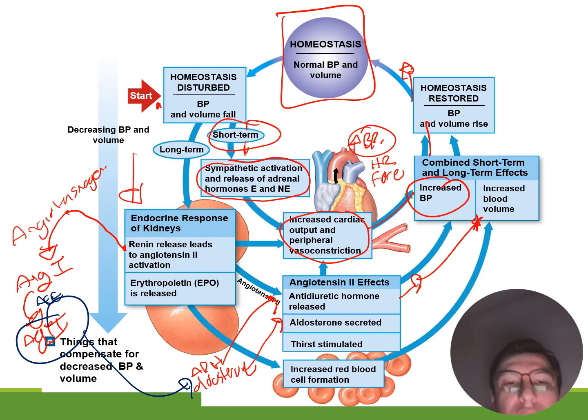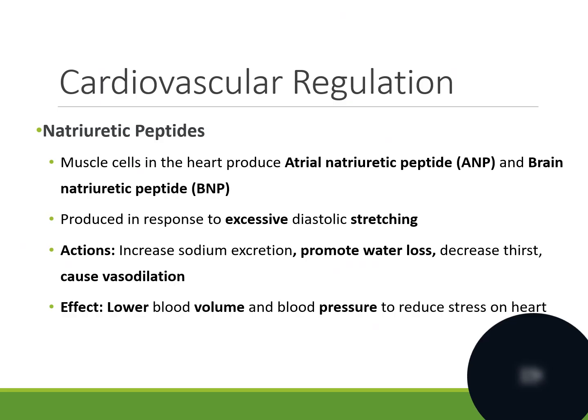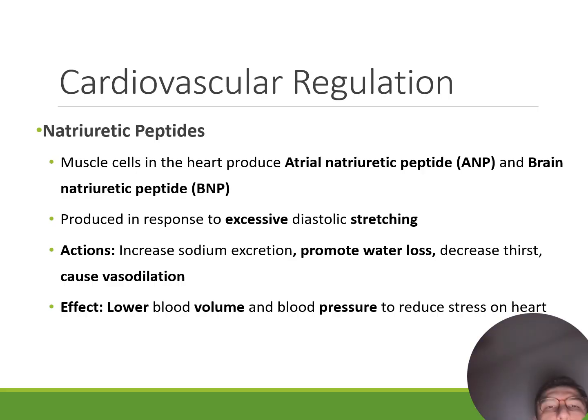Aldosterone is going to cause a retention of sodium, and with that we're also going to retain more water, and it's also going to make you thirsty. And when you're thirsty, you're consuming more water, and that is going to cause an increase in blood volume in order to restore homeostasis.